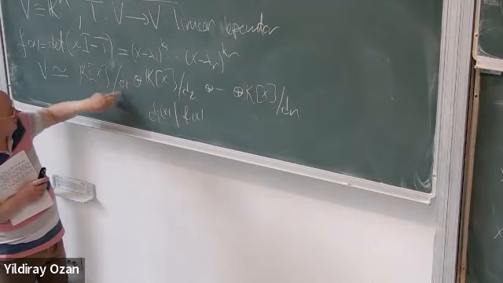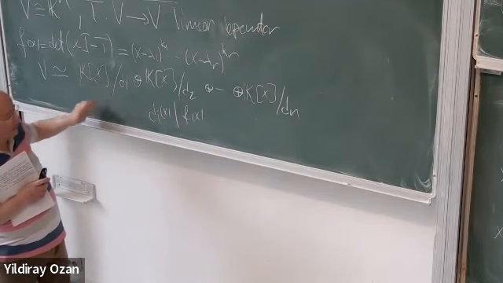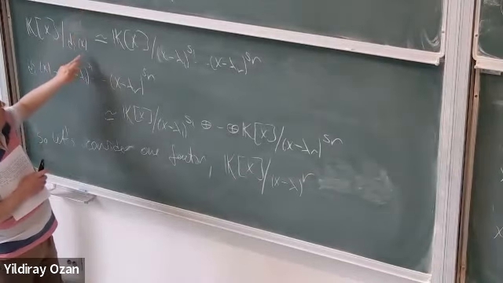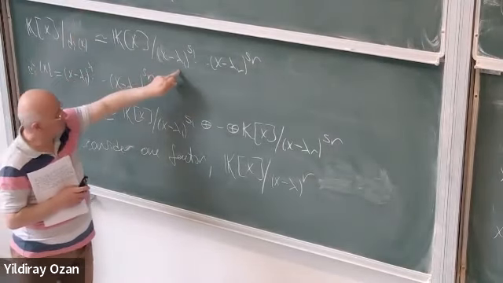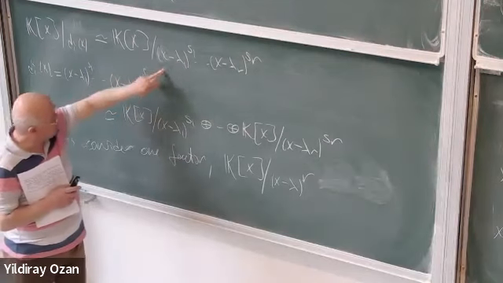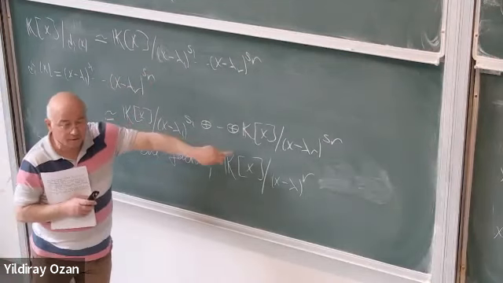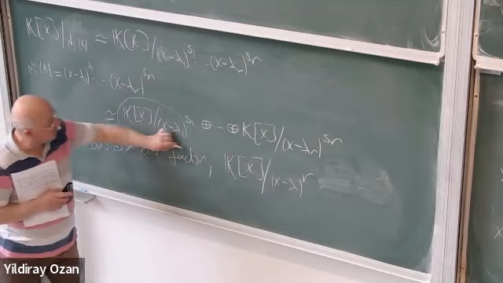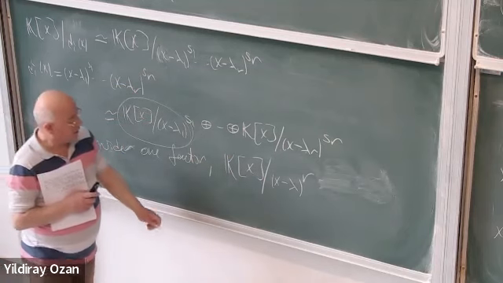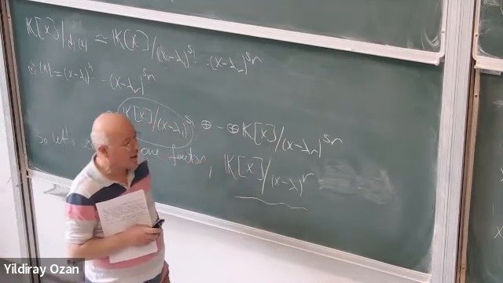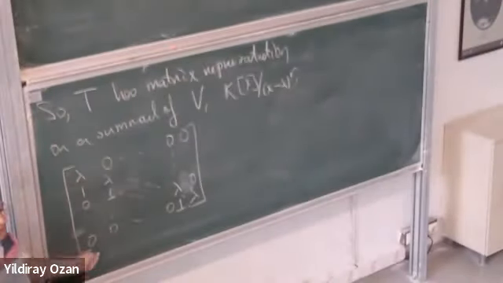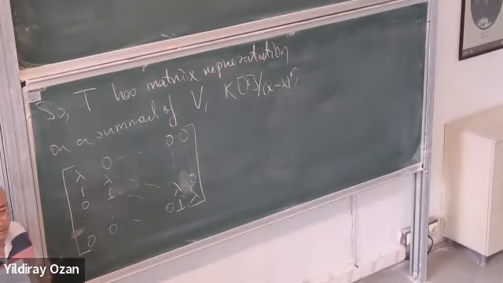And each of these gadgets is isomorphic to something like this. And these things also decompose like this. And each summand here is something like this, and on that summand T has such a matrix representation. Okay?